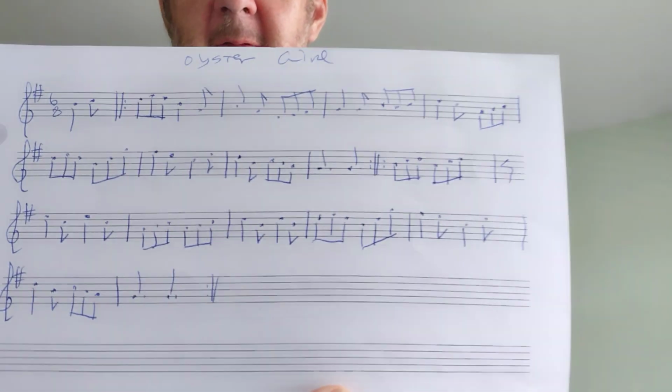Remembering the oyster girl, as I'm calling it, because I've got a take on it. I actually wrote it in quite a classical form, using the main tune, the oyster girl tune, which is a traditional English tune, as a rondo theme.